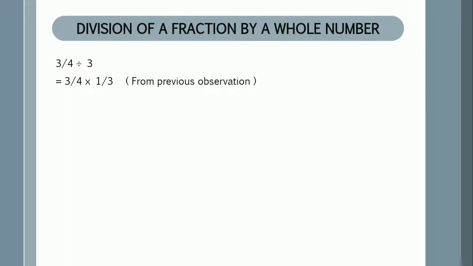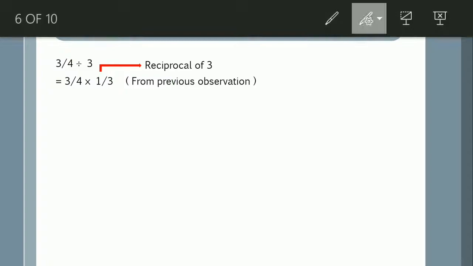That means when we divide a fraction with a whole number, like 3 by 4 divided by 3, we take the reciprocal of 3. 3 by 4 into 1 by 3. 1 by 3 is the reciprocal of 3.